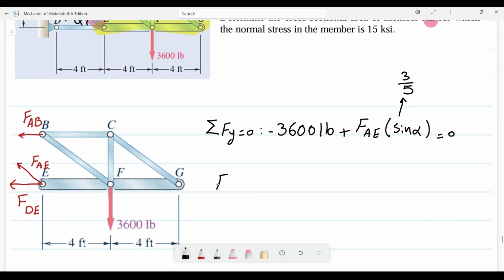And for FAE we have 3600 multiplied by 5 divided by 3, and it's equal to 6,000 pounds.